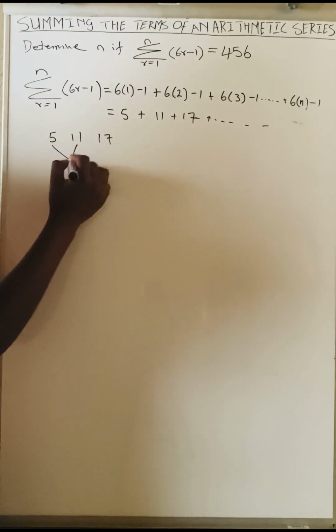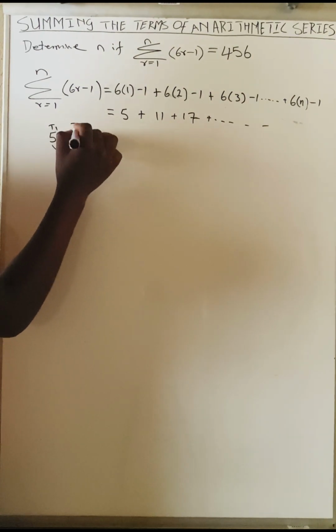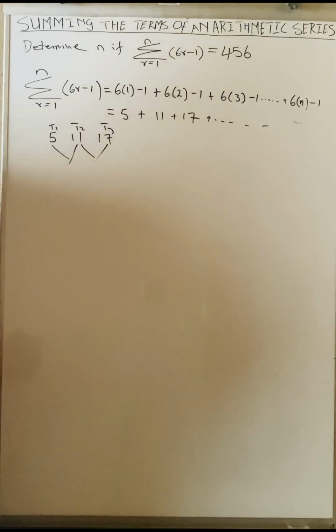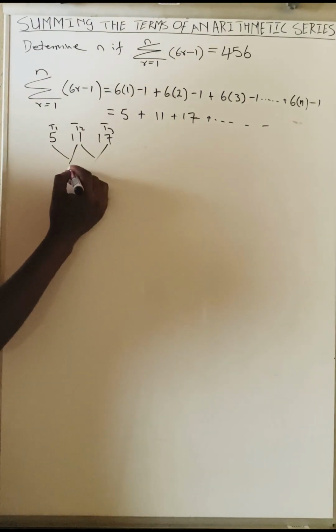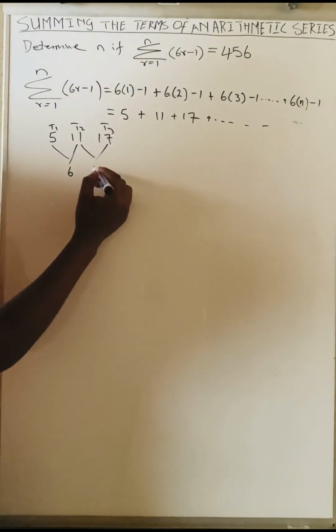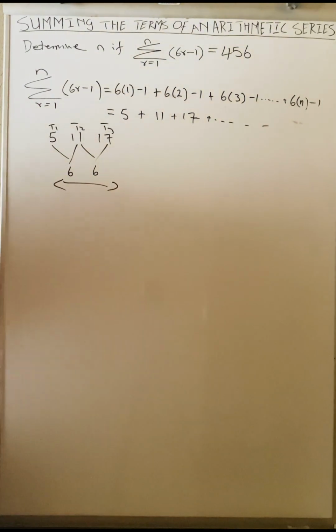You find the difference. This one is T1, this is T2, this is T3. 11 minus 5 is 6, then 17 minus 11 is 6. It means this is our common difference.